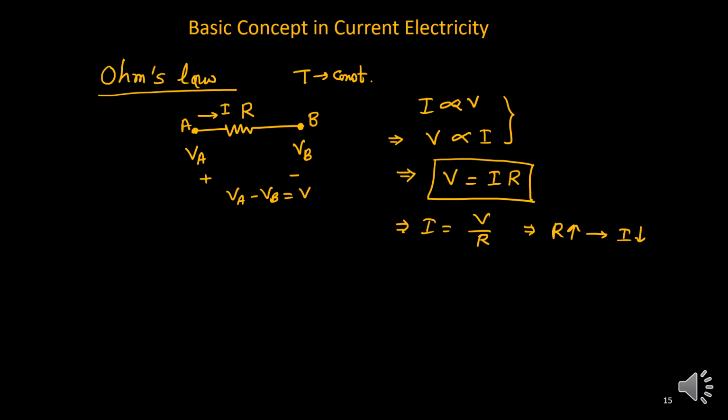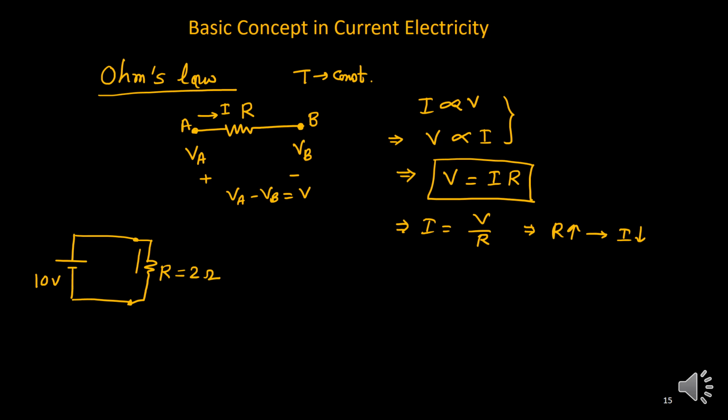Suppose I have a battery source like this, and I connect one resistance R here whose value is 2 ohm, and I apply a 10 volt source.